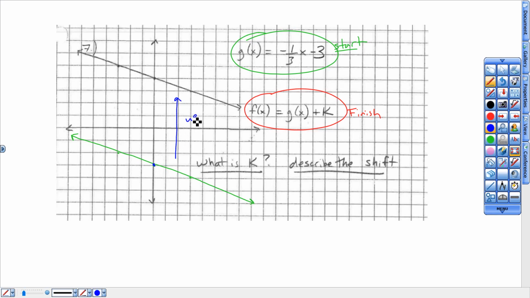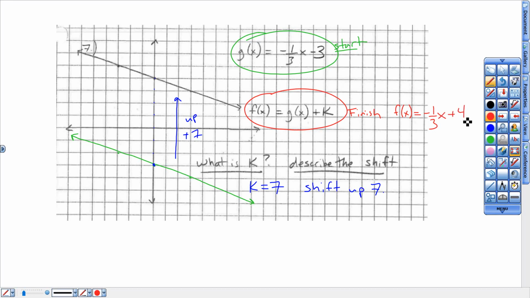And how many boxes? 1, 2, 3, 4, 5, 6, 7. What is the K number? 7. What is it doing? It's shift up 7. That's what I did. I took the original down there at -3. I shifted it up 7, and it gave me the new equation's y-intercept, which is f of x equals that same slope, but not +3, not +7, +4.